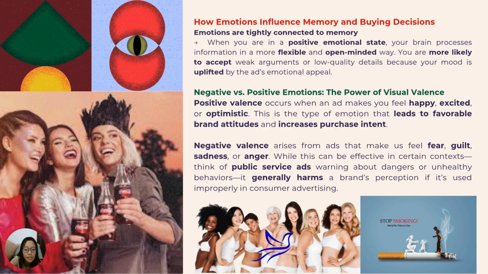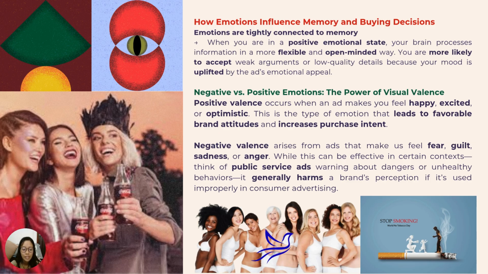For a positive valence example, I suggest the Dove Real Beauty campaign. It uses real women of different shapes, sizes, and skin tones to celebrate diversity and confidence. It creates a positive emotional connection by evoking feelings of self-love and empowerment. Viewers associate this positive emotion with the Dove brand, making them more likely to choose Dove over other brands.